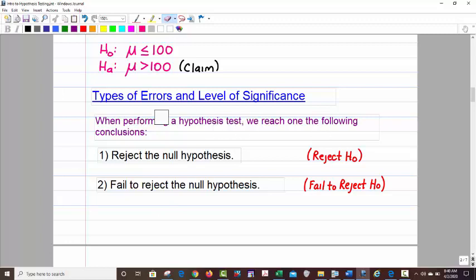So we reach one of two conclusions, and we're basically testing the null, the H0. So we reject the null hypothesis, or we fail to reject the null hypothesis. That means we either reject the H0, or we fail to reject the H0. Now you've got to be careful with this number 2 here. Failing to reject the H0 does not mean we accept or love the H0. It doesn't mean we wholeheartedly agree with the H0.